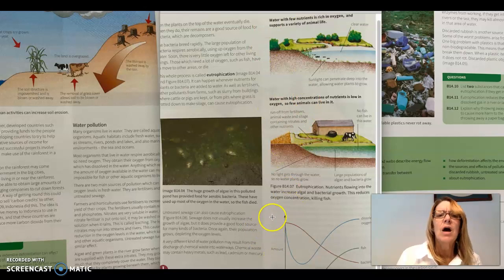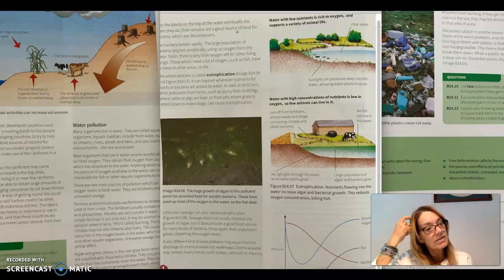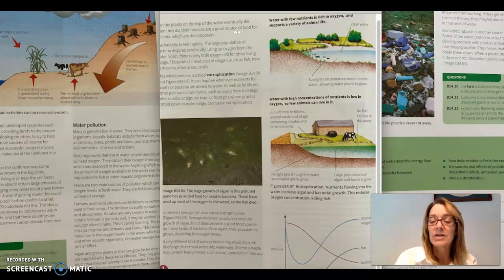Sorry for that. Up here it talks about how the plants die very rapidly, the organisms die very rapidly, and what that does is increase the amount of bacteria that is in the water, which then again decreases the amount of organisms that are surviving.